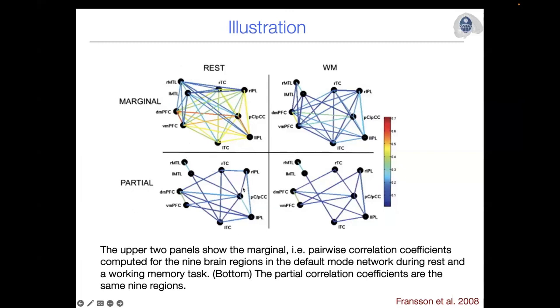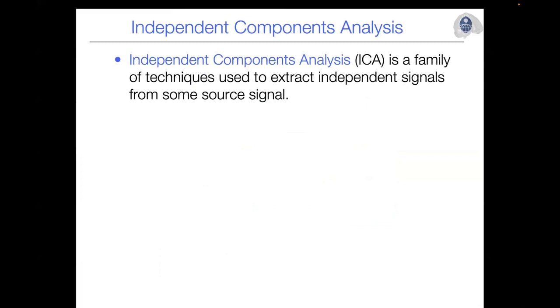But if you do a partial correlation between them, you tend to get a sparser and more interpretable graph. So a lot of these areas that have been hot in statistics about finding conditional independence graphs become very, very important here as well, as they give very sparse and interpretable graphs. So that's a second way of finding these things.